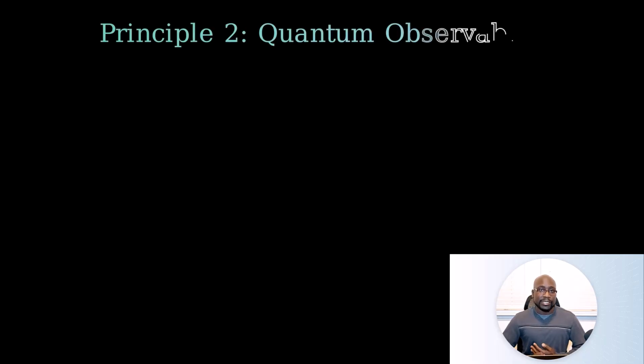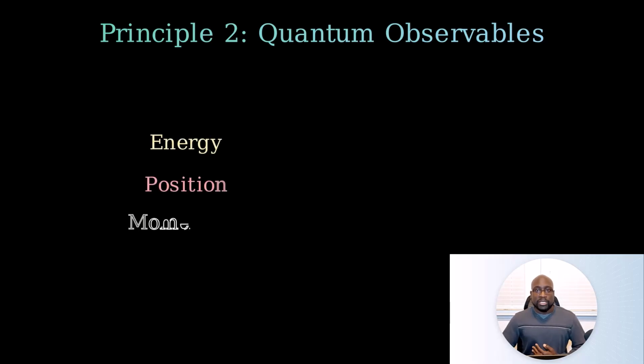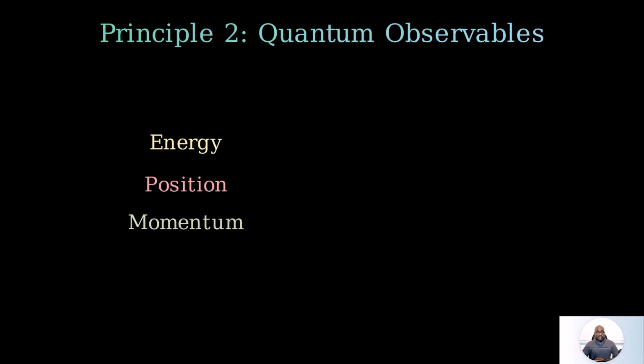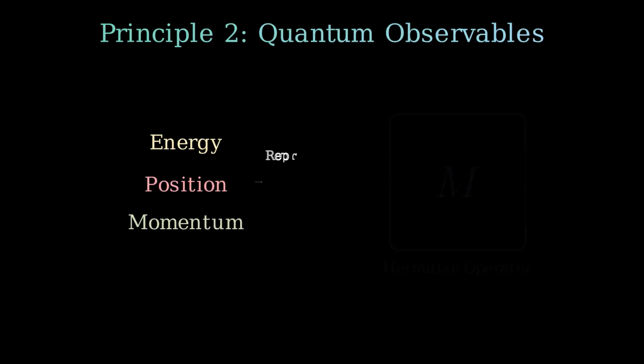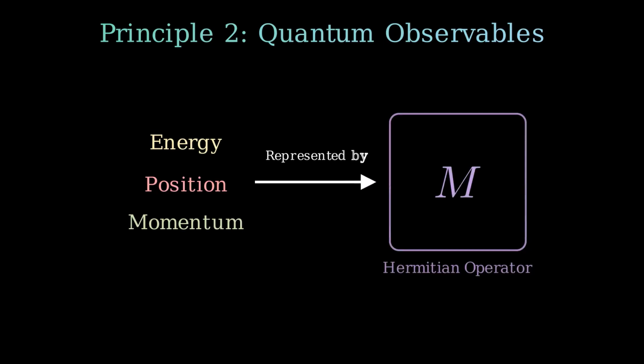This brings us to a fundamental question: how do we measure physical properties like energy, position, or light intensity in quantum systems? In quantum mechanics, measurable physical quantities are called observables, and they are represented by special mathematical objects called Hermitian operators.